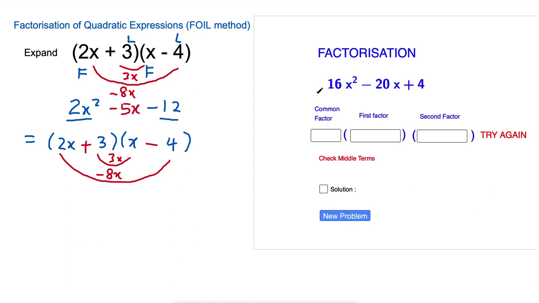Therefore, let us take out 4. And now the expression in the bracket is 4x squared minus 5x plus 1. Okay, now we will factorize the terms in brackets.